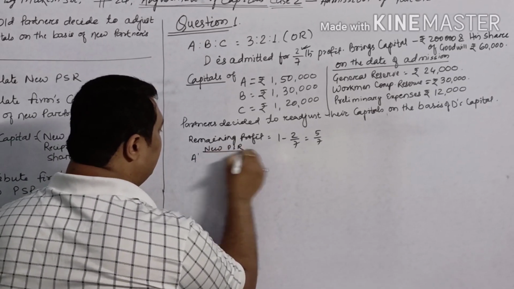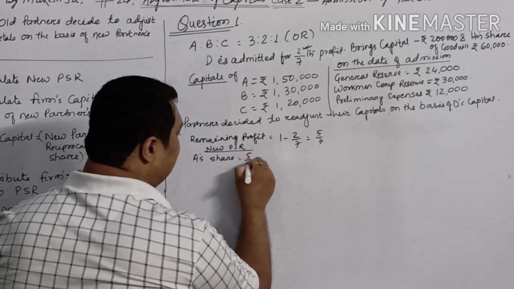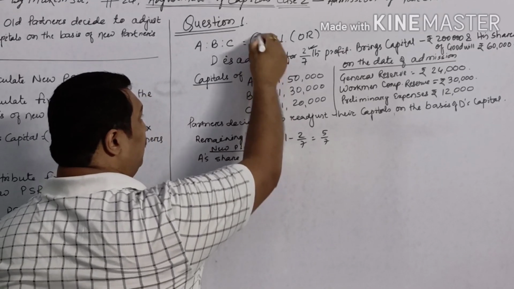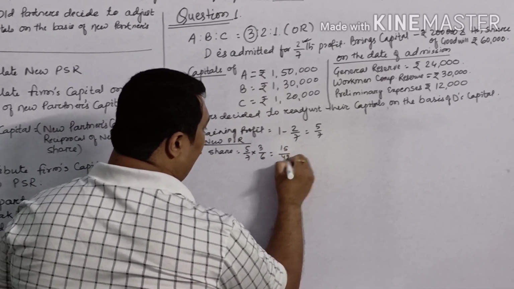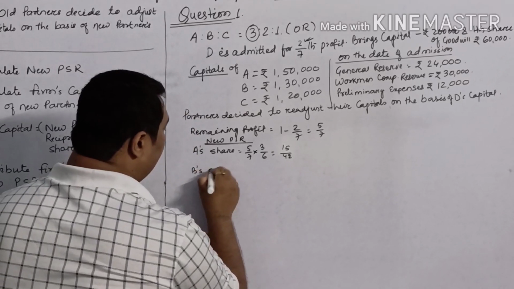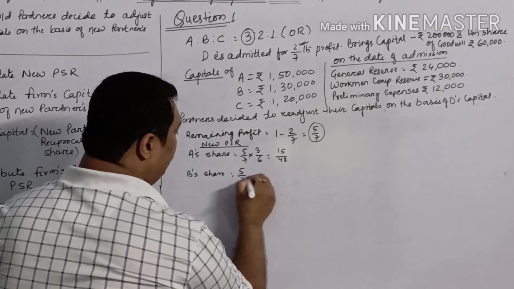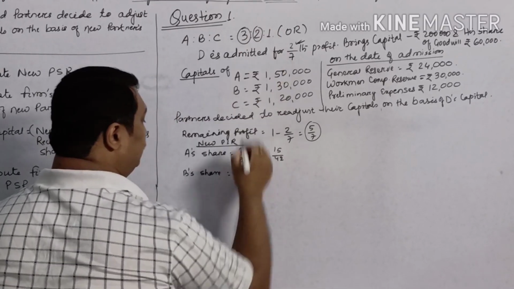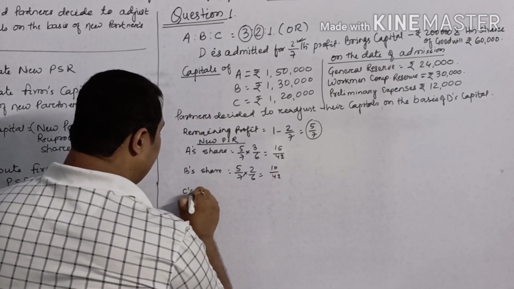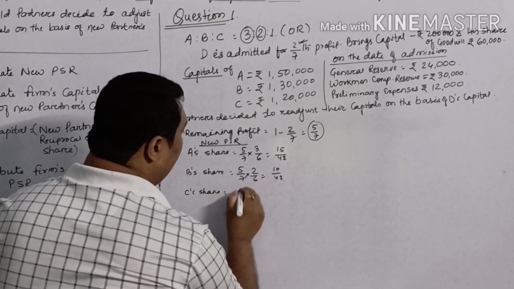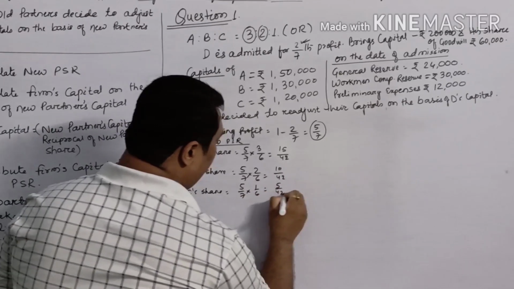Then we will calculate the new PSR. The new profit sharing ratio of A will be this 5/7 distributed in the old ratio, that is 3/6, so it is 15/42. For B it will be 5/7 into the old ratio 2/6, so it is 10/42. C's share will be 5/7 into 1/6, that is 5/42.